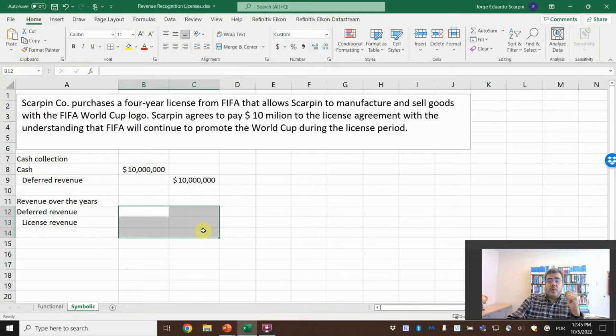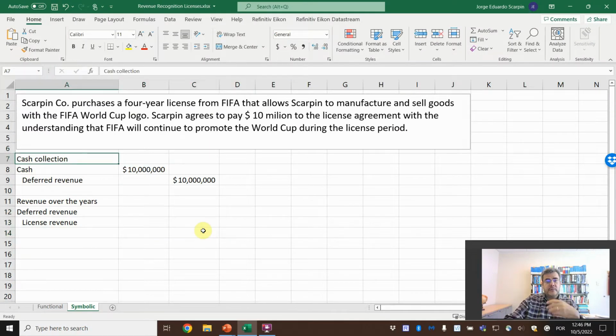So on the cash collection, or on the contract here, we have cash, $10 million, and deferred revenue, $10 million. And then over the years, 4-year license, that is usually how FIFA works, because the World Cup is every 4 years.